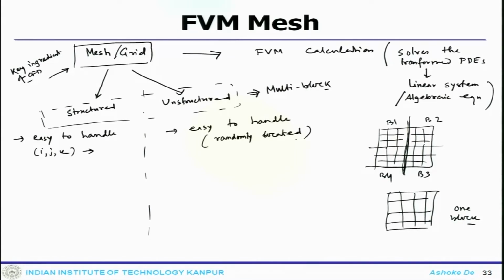So, when you have a structured system, it is easy to map between your local and global indexing. That means you go from i, j, k to n plus 1, and so on.